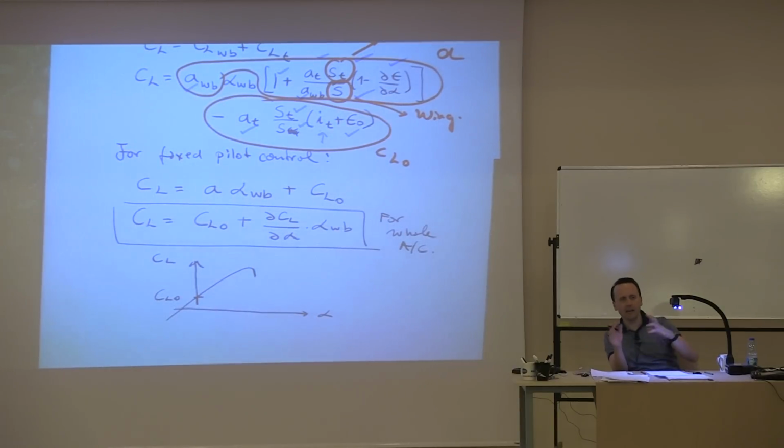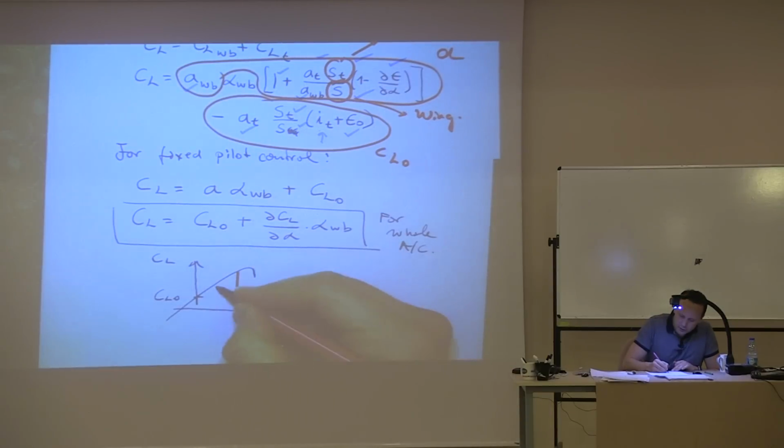So you add the tail, everything to the airplane, and the airplane has still the same characteristic as an airfoil or a 2D wing. It's still a linear representation. This is still del CL del alpha.